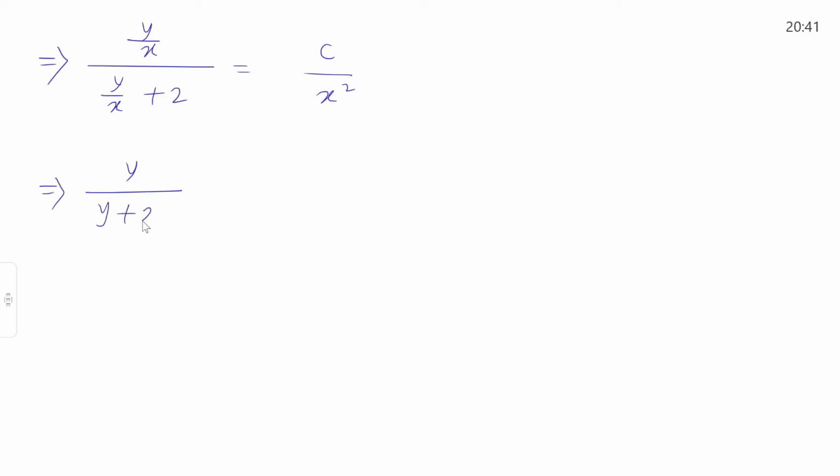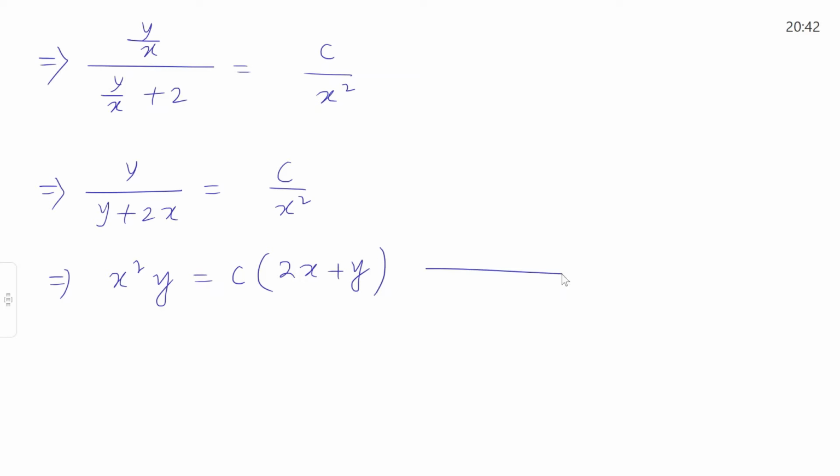The LCM cancels, take the cross product, this is x square y is equal to c into twice x plus y. Mark this.